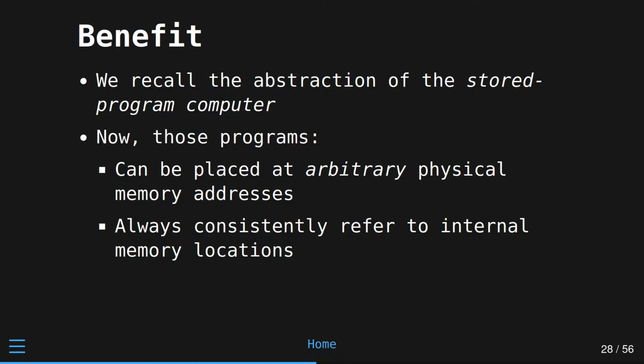So it is now dramatically easier to generate executables. These executables run inside some kind of sandbox provided by the OS. All of the memory addresses go through seamlessly. And now you can run multiple copies of the same program concurrently in different virtual and physical locations, and they can still hit all of their memory references correctly. That is extremely useful. So you can always consistently refer to internal memory locations.